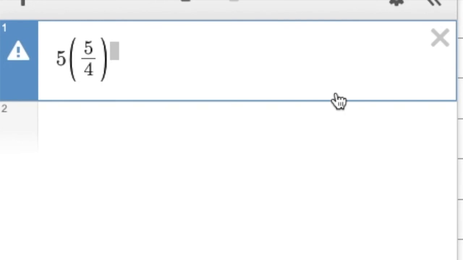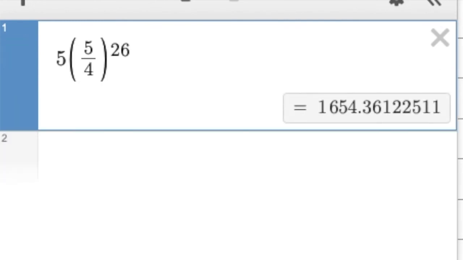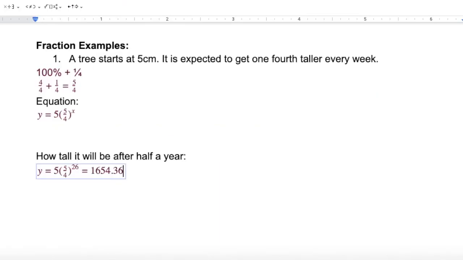So I can go over to Desmos and type this in with the 26 and figure out my answer. And so the tree will be 1,654.36 centimeters tall after half a year.